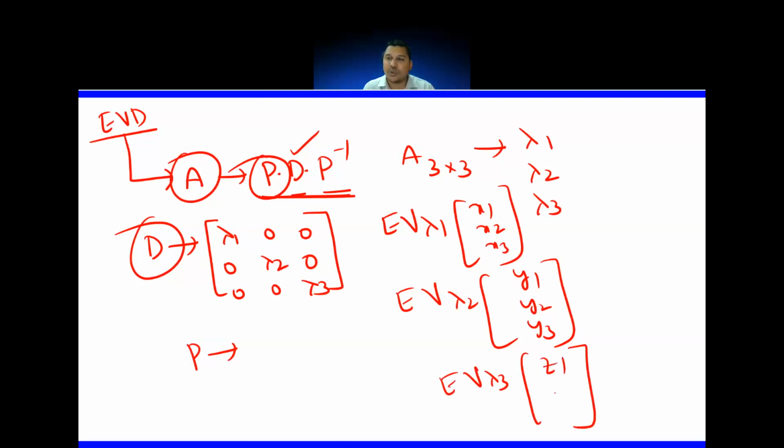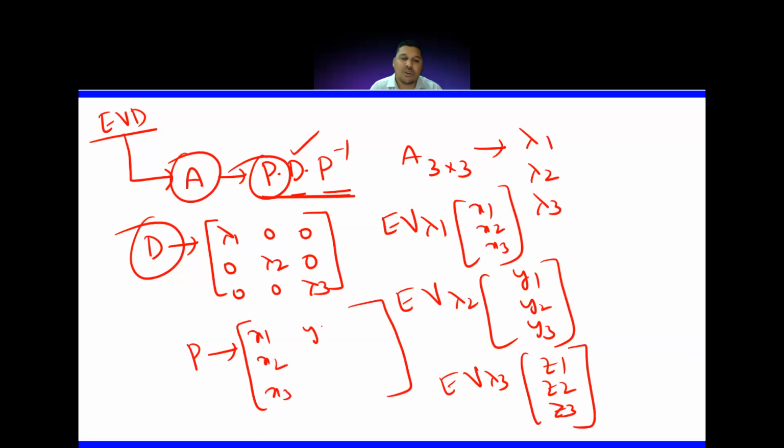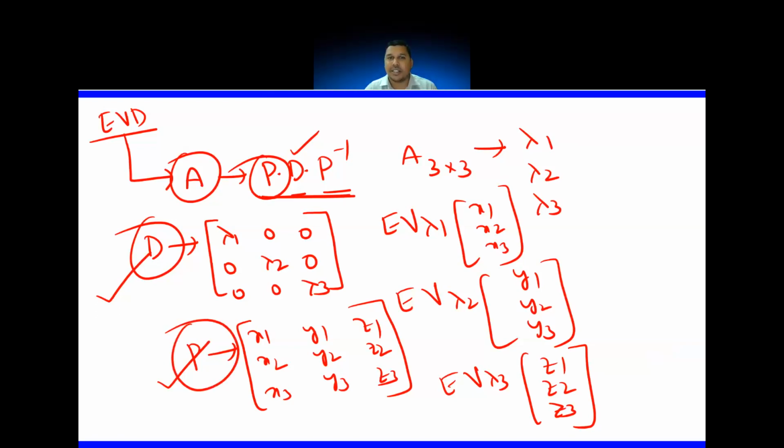So z1, z2, z3. This way I have 3. P matrix is formed by combining these 3 eigenvectors: x1, x2, x3, y1, y2, y3, z1, z2, z3. So you know how to calculate D matrix, and you know how to calculate P matrix. How did we get this P matrix? It is nothing but the combination of 3 different eigenvectors of those 3 eigenvalues.